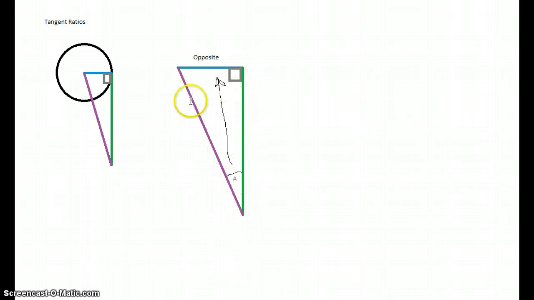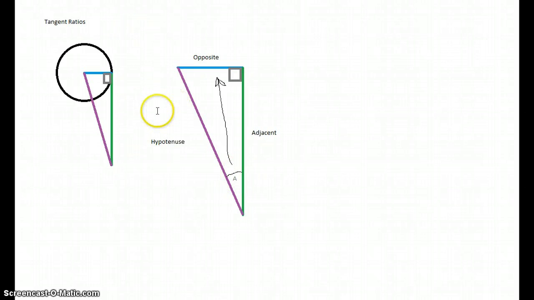Once again, the hypotenuse is going to be directly across from the right angle. So I'm going to go ahead and label that hypotenuse. Then the last line that we have that's not labeled yet, that one is always going to be called an adjacent side. Adjacent means sitting next to, and so this line is next to the angle that we're dealing with.